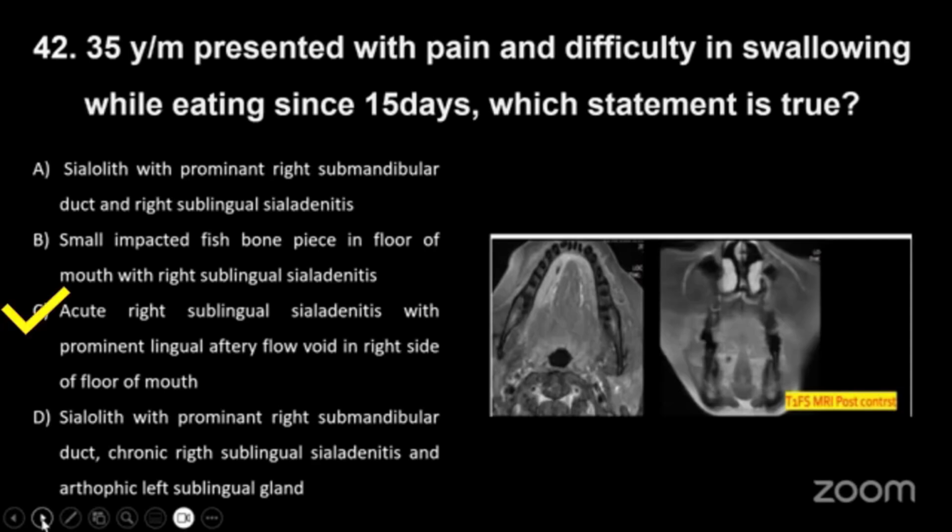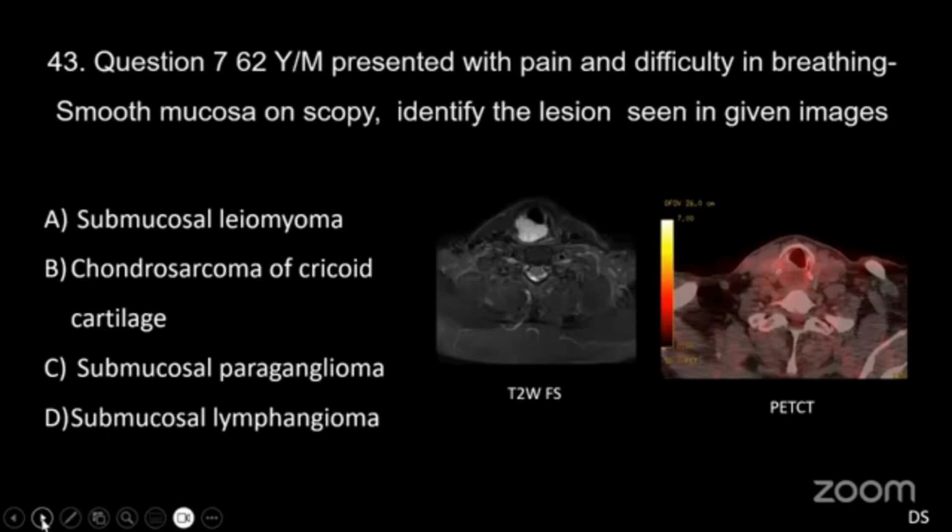Here C is the correct answer with acute right sublingual sialadenitis with prominent sublingual artery flow void in right side of floor of mouth, which will not be evident normally.